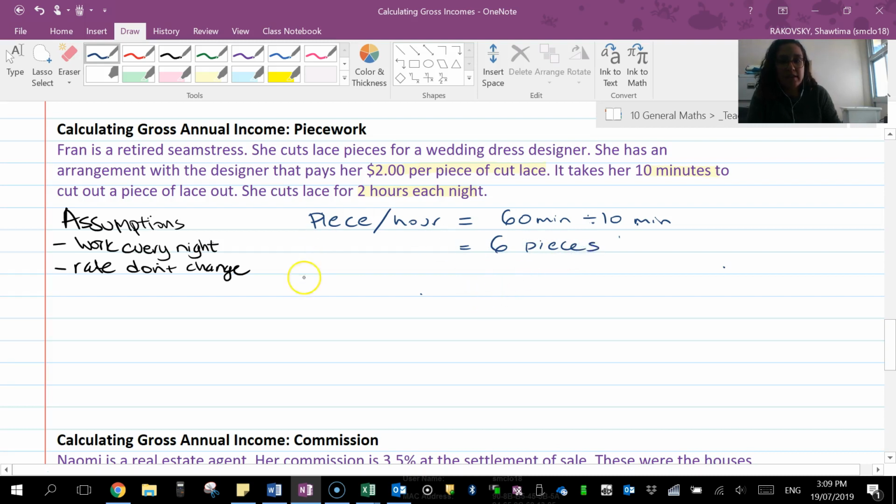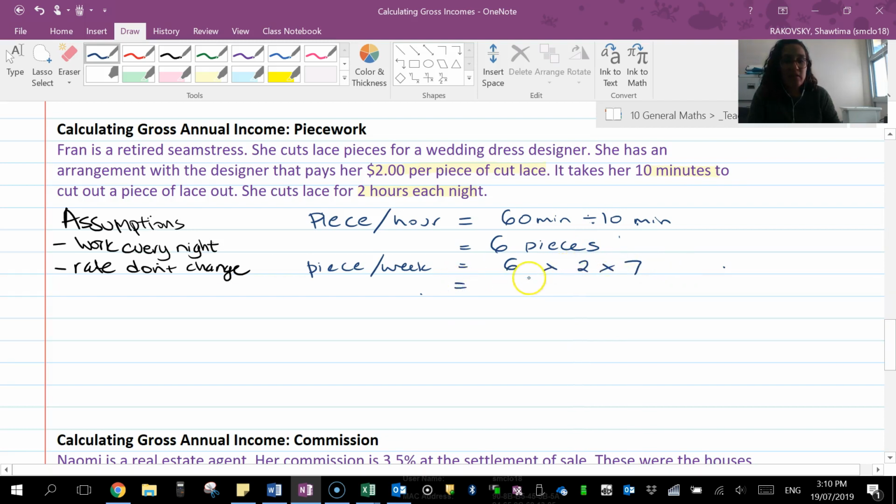in 1 hour. So now that we know that there are 6 pieces in 1 hour, we can multiply that by 2, you get 12, and then we're going by 7. So if we say pieces in a week, it's going to be your pieces times the hours that we work: 6 times 2 times 7, because there's 7 days.